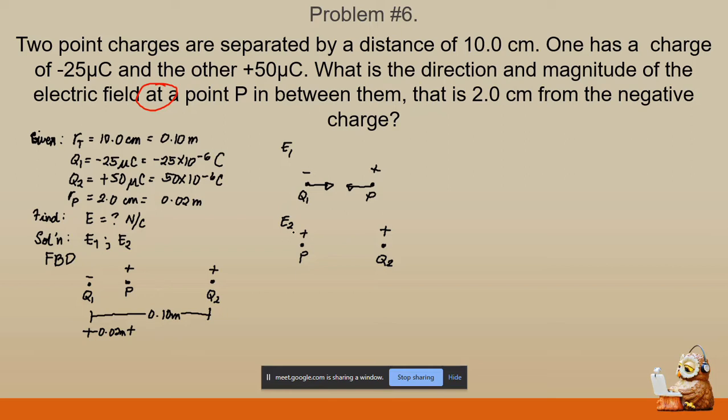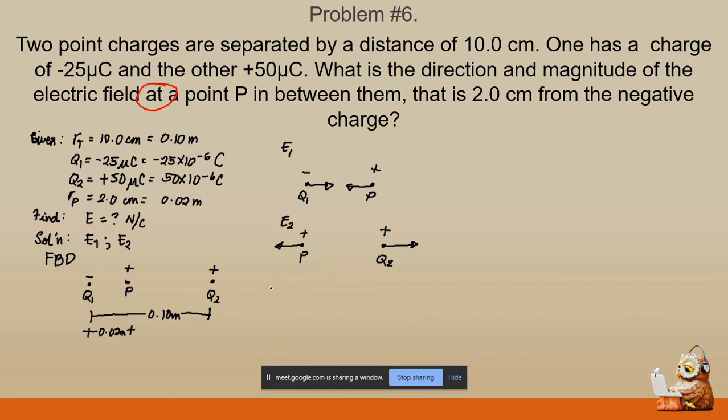If they move away from each other, what will happen to their arrows? For P, it will move away from Q sub 2, and Q sub 2 naman, it will point to the right. So that is the free body diagram of our E sub 2.